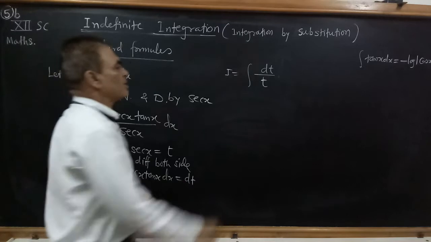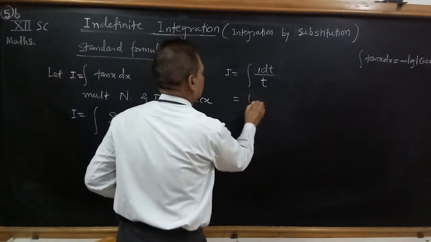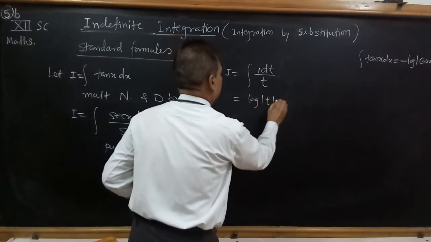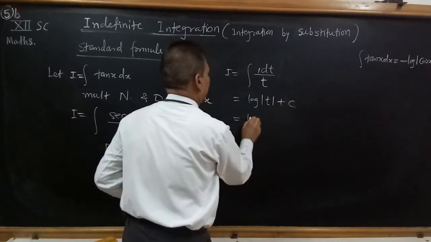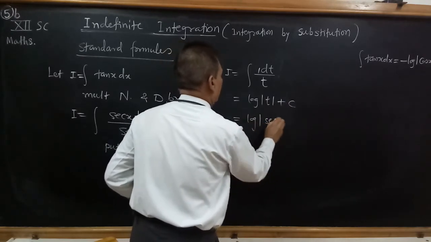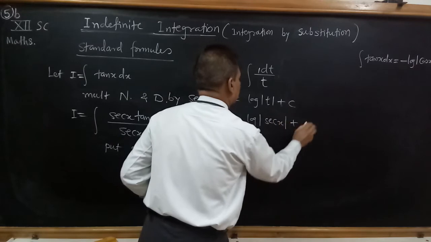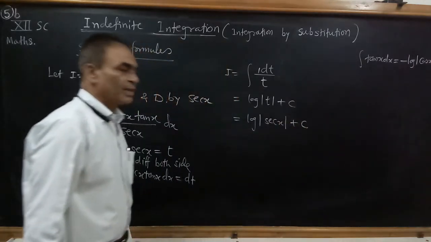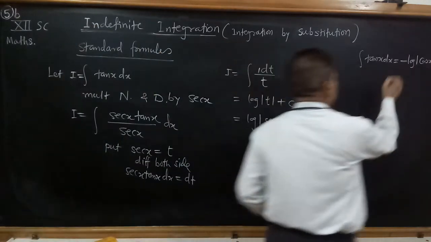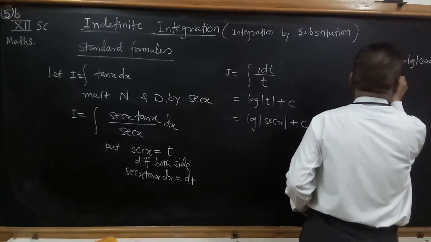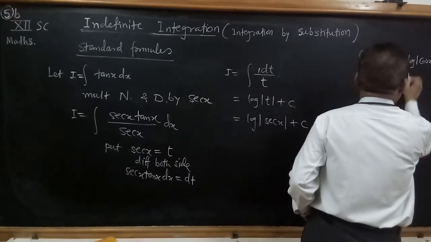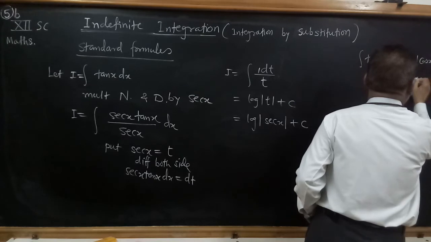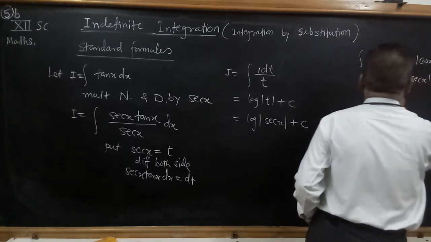And what is integration of 1 upon t dt, which is equal to log of mod of t plus c. Resubstitute the value of t: log of mod of sec x plus some constant of integration. Means another formula for integration of tan x dx is nothing but log of mod of sec x plus c.